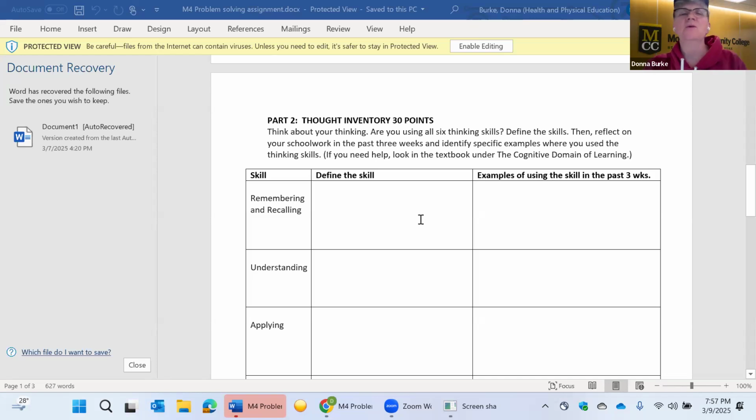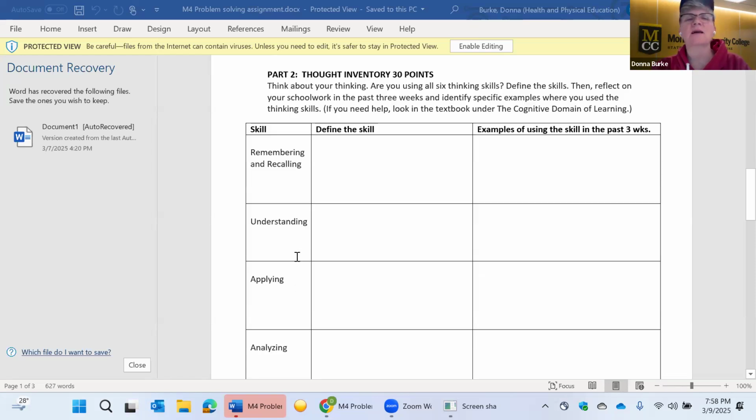Maybe you've had to study for a science test, and you had to remember certain topics for a chapter in your science class, so you created flashcards or a study sheet. So define what it means, what you're talking about, and then give examples of how you use that type of thinking.